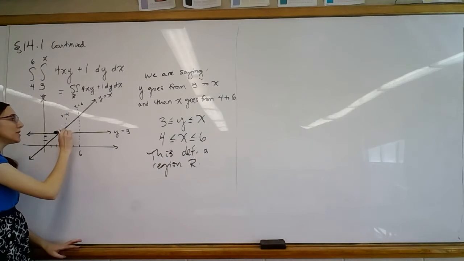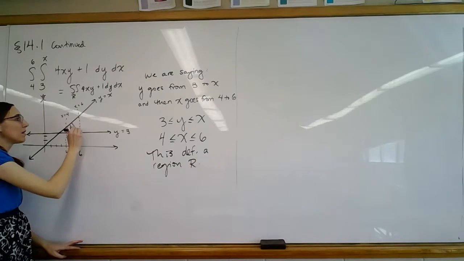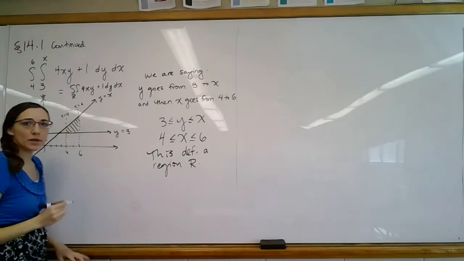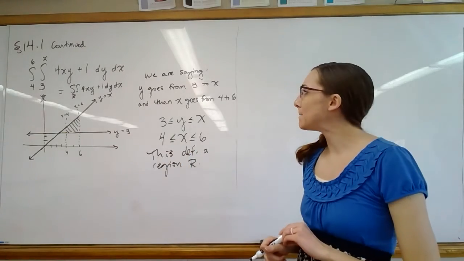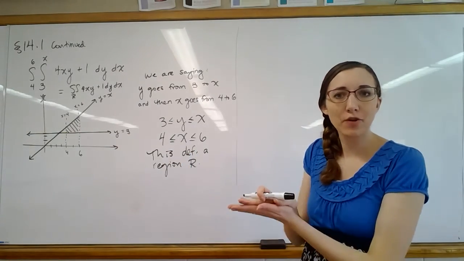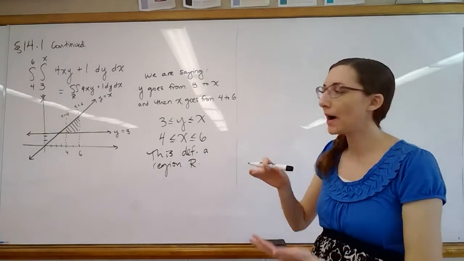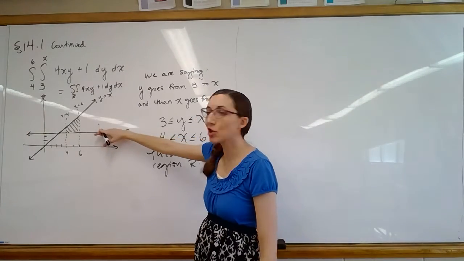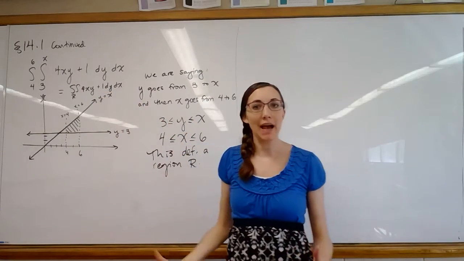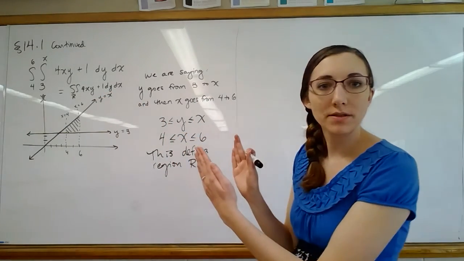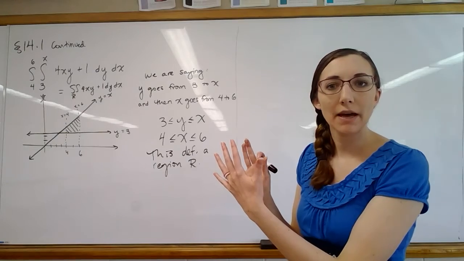So really my region ends up being right here. Is that a trapezoid or whatever? So y went from 3 to y equals x, from this function to this function, and on the horizontal bounds we restricted x.